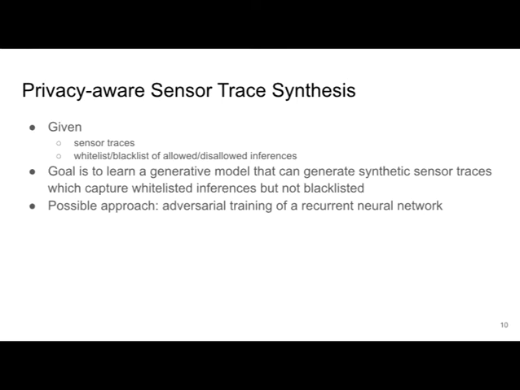Other possibilities are that I somehow censor the data or add noise to it or stuff like that. But another class of techniques is to synthesize the data. So the idea is I don't share the data that I actually collected, but I use that to learn a model and then share the model. And the idea is that the recipient can run that model and generate a synthetic data trace which would have the right type of characteristics.